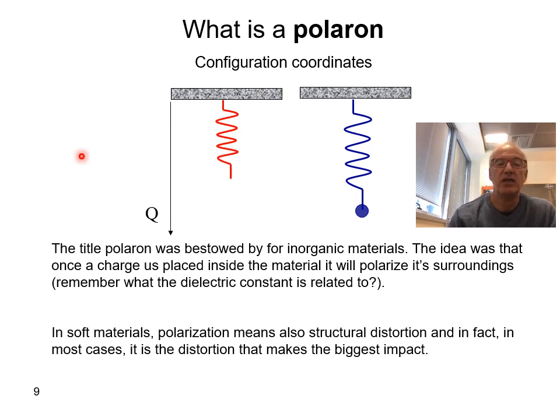And really the polaron had a direct meaning in the past when it was introduced in the context of inorganic materials. And the idea there was that once you put a charge somewhere, it would naturally polarize its environment. And this polarization alters the environment, and hence it affects the motion of the charge.